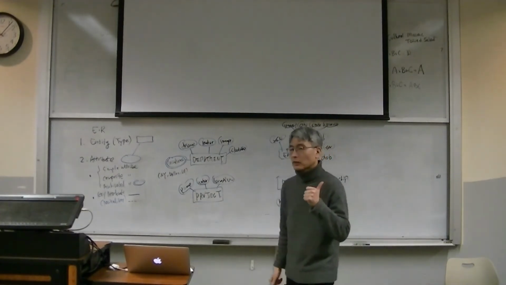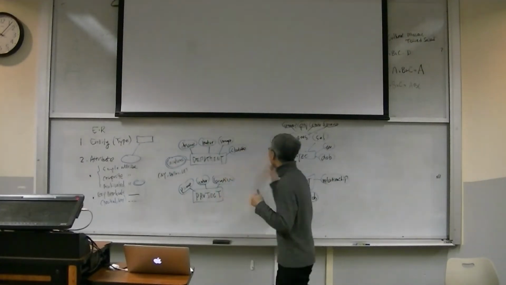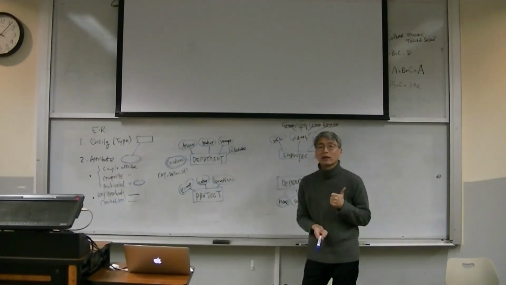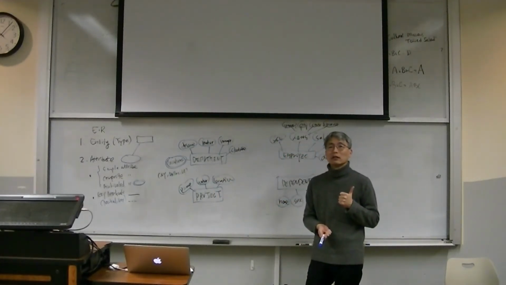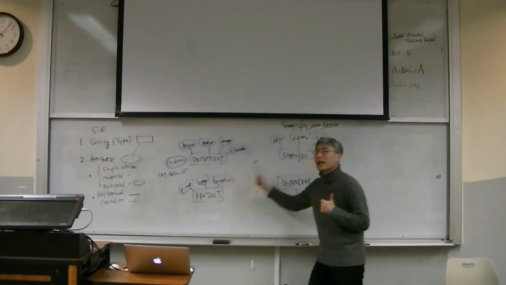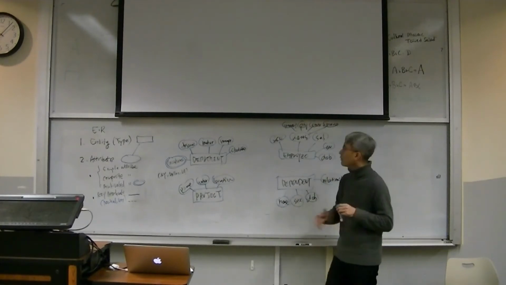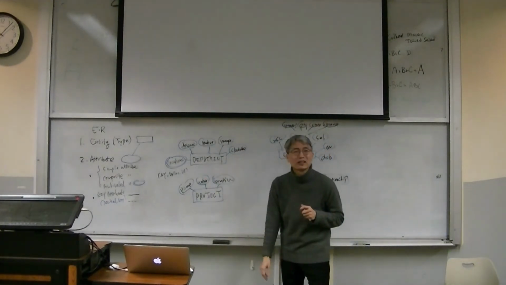Question. Is a key attribute required for an entity or not? Yes or no? A key attribute is required for each entity. True or false? It doesn't have to be. Sometimes an entity may not have a key.